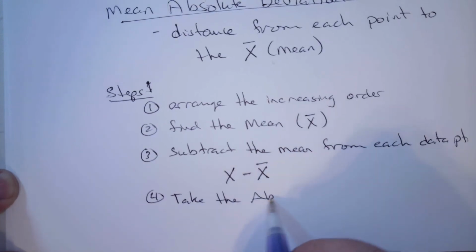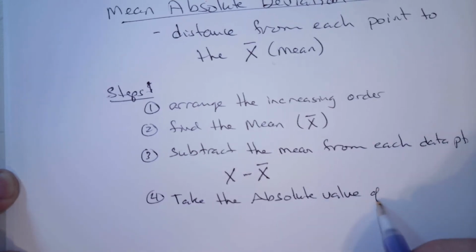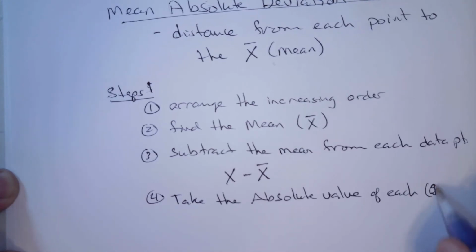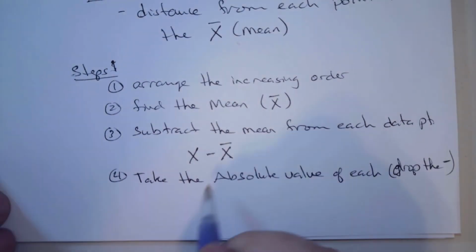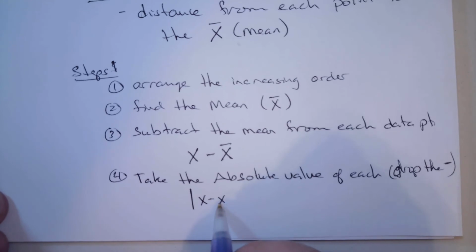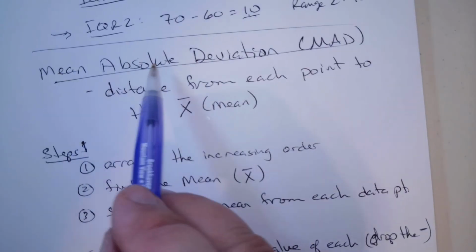Take the absolute value of it. In other words, drop any negative signs that you see. Remember, it's the mean absolute deviation, the average absolute deviation.